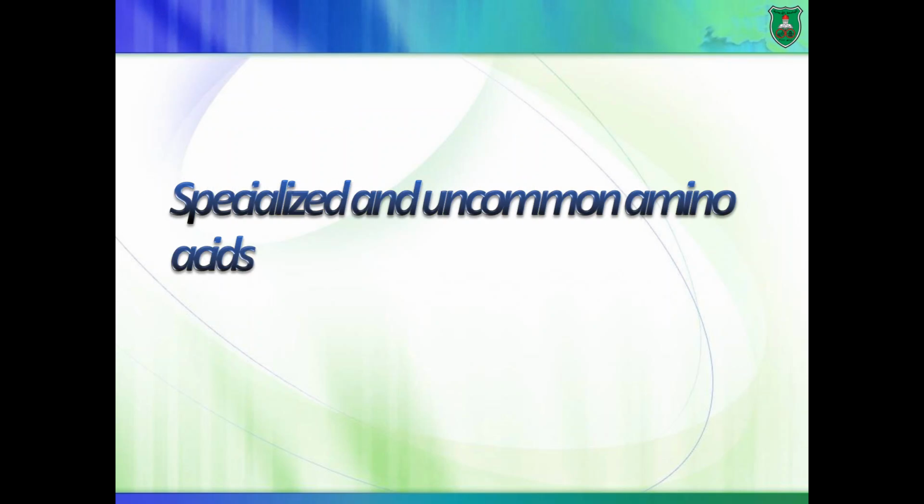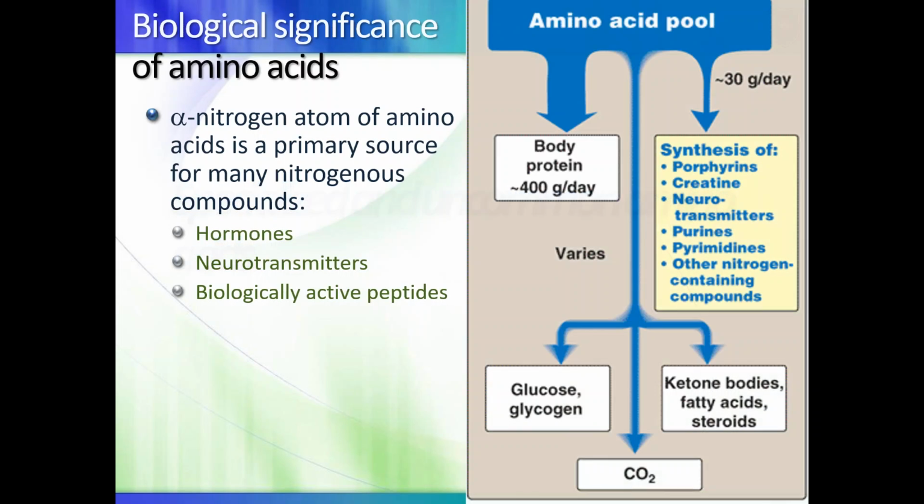So these amino acids can be precursors of important molecules in our body. Not only do they make up proteins, but they are important for the synthesis of porphyrins, such as the heme molecule in hemoglobin, neurotransmitters, and purines and pyrimidines of DNA structure.